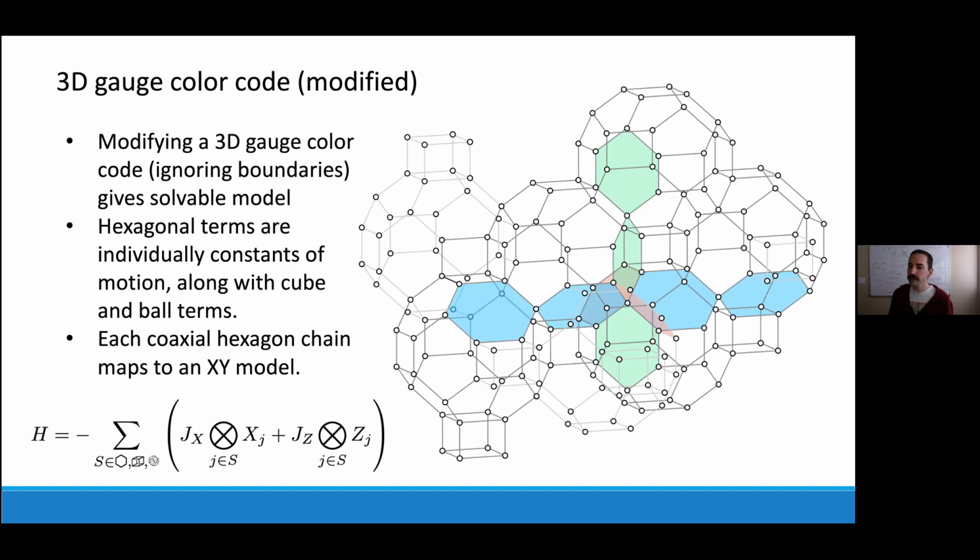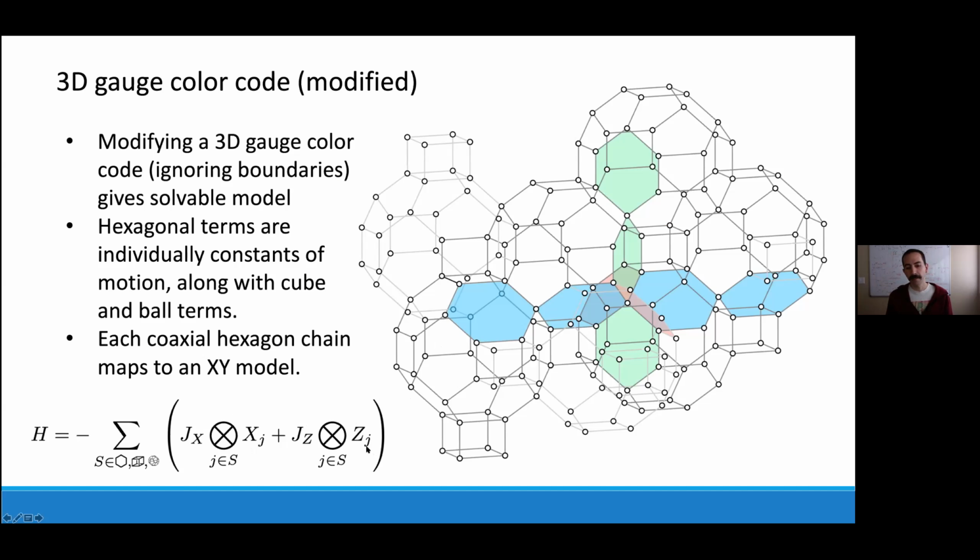There are other models that we can write down that are really complicated, that don't obviously look like they would have a free fermion solution. One example is a 3D gauge color code, with slightly modified terms. I'm going to have products of X's around the hexagons, the cubes, and these little ball-shaped things. I'm not sure what those are called, but this convex shape that looks like that.